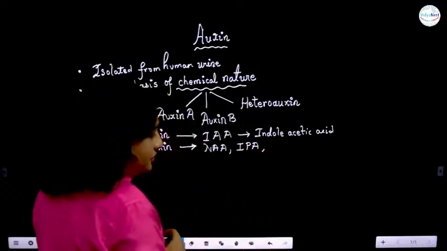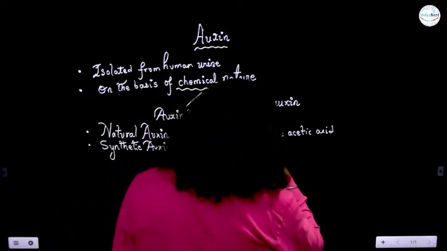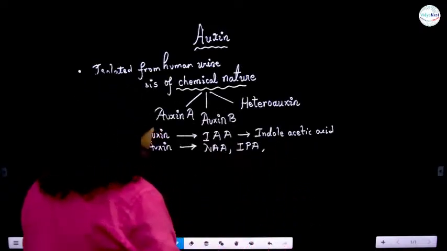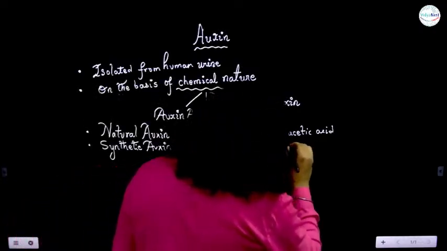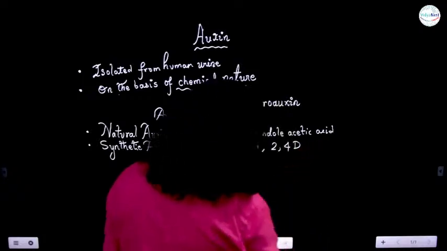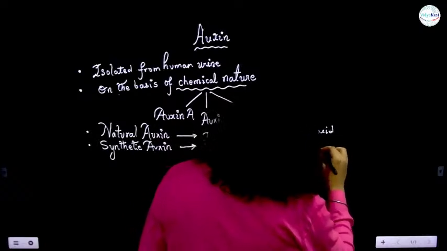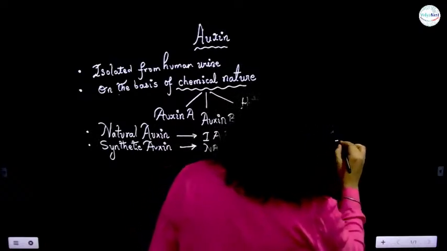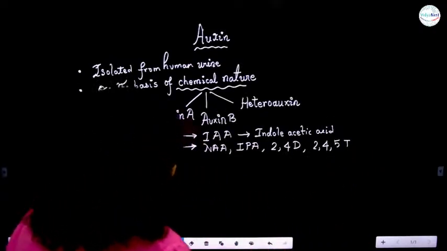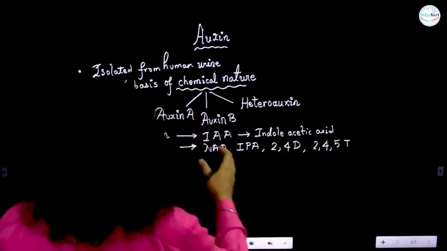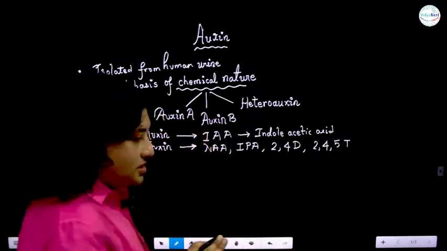So these are different types of acids like naphthalene acetic acid, indole propionic acid, and many others like 2,4-D, 2,4-dichlorophenoxyacetic acid. Then I can write 2,4,5-T, that is 2,4,5-trichlorophenoxyacetic acid. So these are the different types of auxin on the basis of natural and synthetic auxin. Clear?